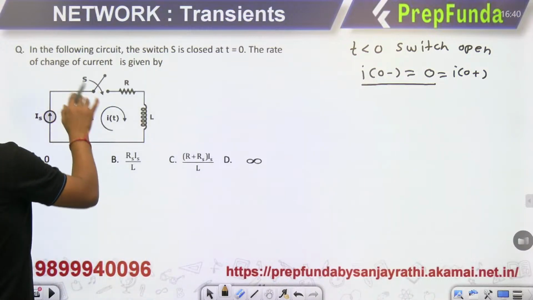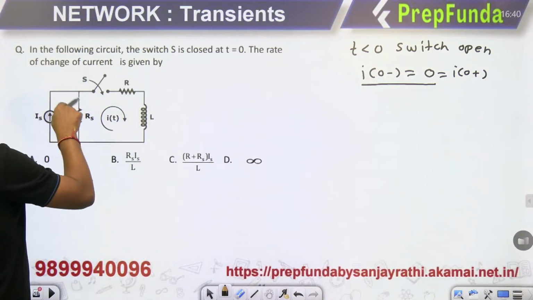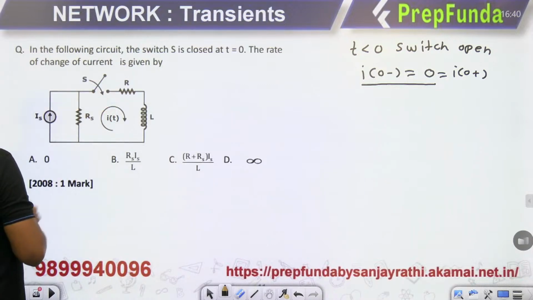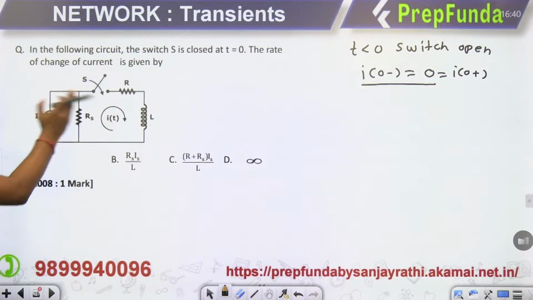Now exactly at t equal to 0, you are going to close the switch. According to the question, the switch is closed at t equal to 0. Now this current source is connected to this battery. So we can convert this current source into what? Voltage source. Is is constant, DC source, Rs.